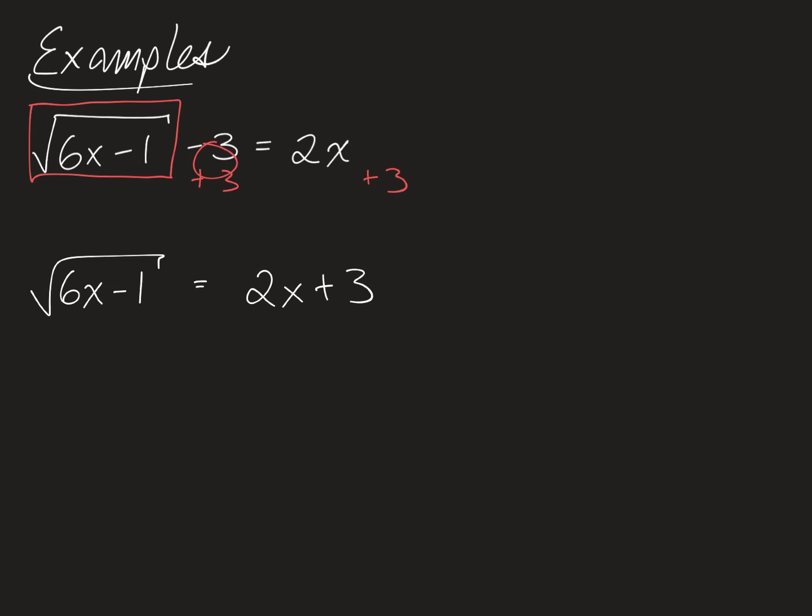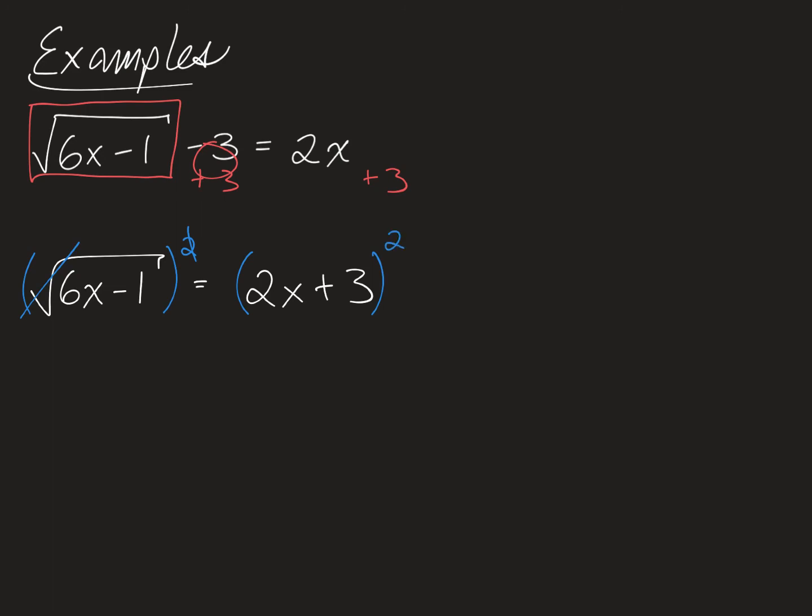Now that the square root is isolated, we know that we have to raise both sides to the second power. But I wanted to point out right here, the right side of this equation has 2 terms. And when I say raise each side to a power, you have to really wrap the entire side in parentheses and raise it to the second power.